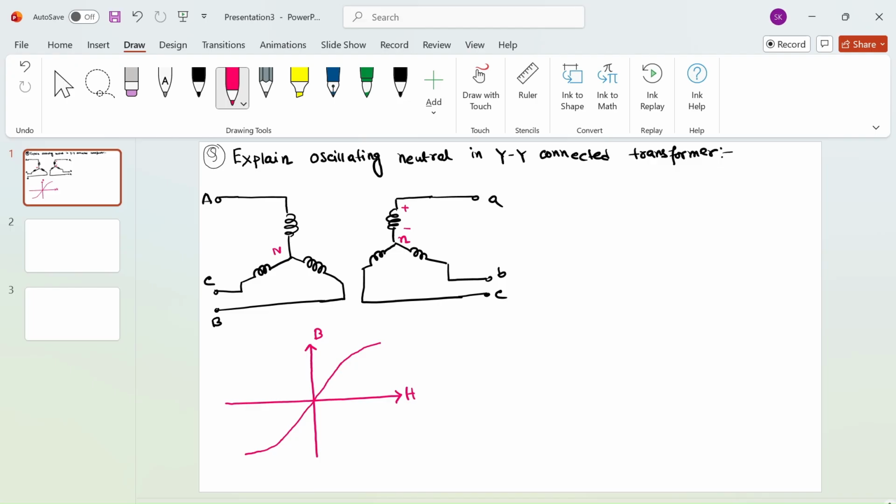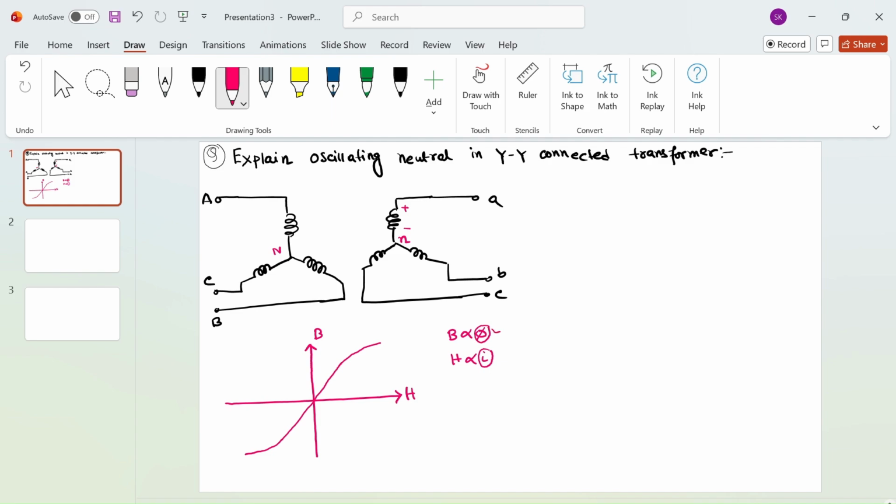Let's say you have the nonlinear BH curve, where B is proportional to flux, and H is proportional to current. Because of nonlinearity in the BH curve, if my current is sinusoidal in nature, my flux will not be sinusoidal.